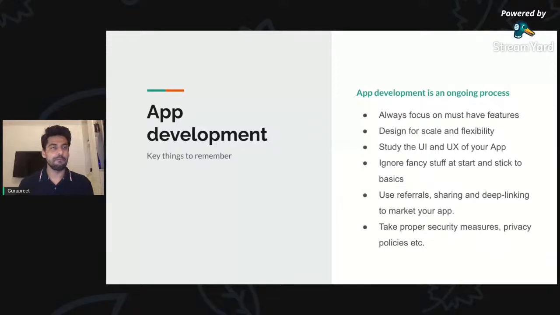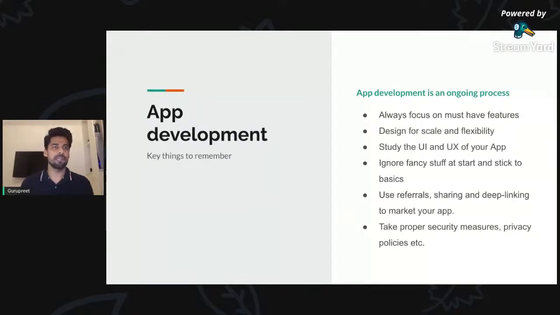And when we are starting the app, we always tend to use free versions or free APIs or cheaper versions of the services, which is fine, which is a good way to start a product because you're starting with 0 users.